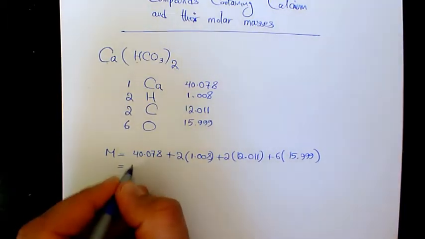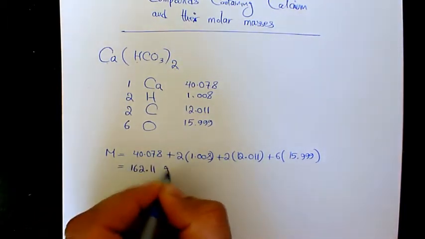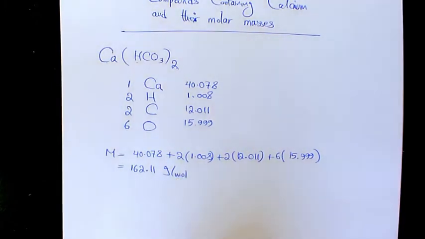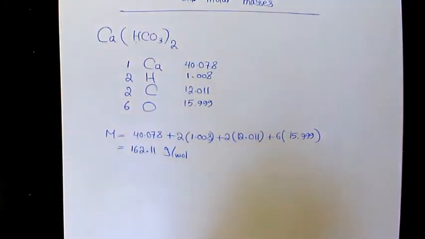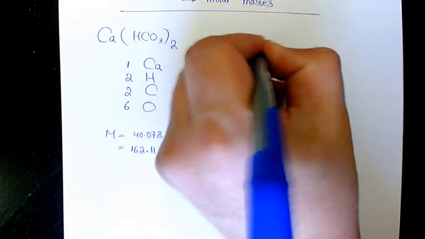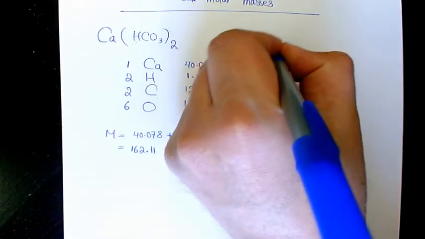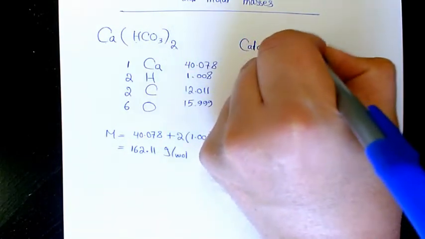That's going to give me 162.11 grams per mole. So that's the molar mass of calcium bicarbonate. I just write the number in the name here, calcium bicarbonate.